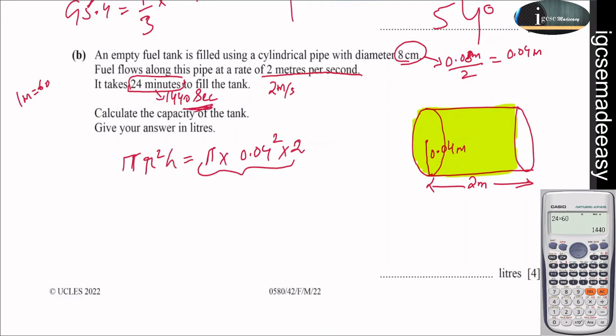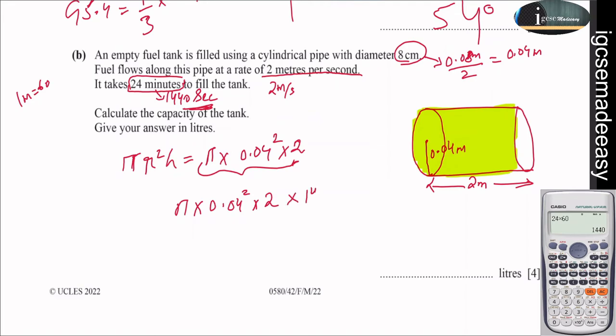But we need to find the volume that is swept out in 24 minutes, that is 1440 seconds, right? This, pi into 0.04 square into 2, is just for 1 second.